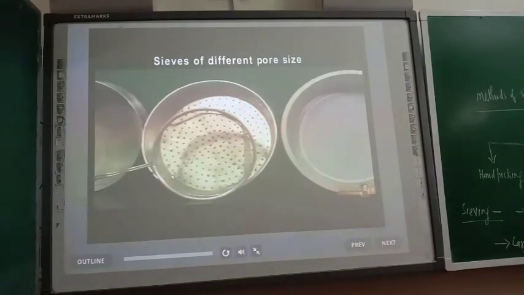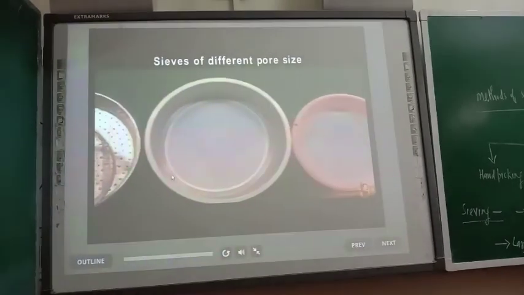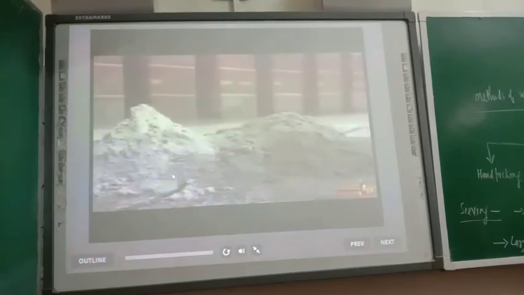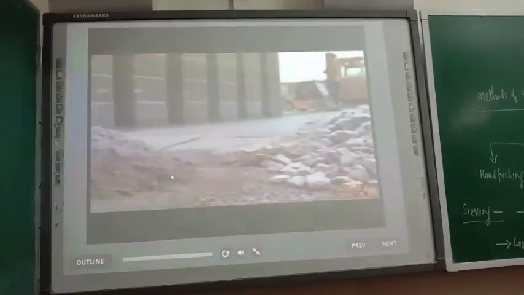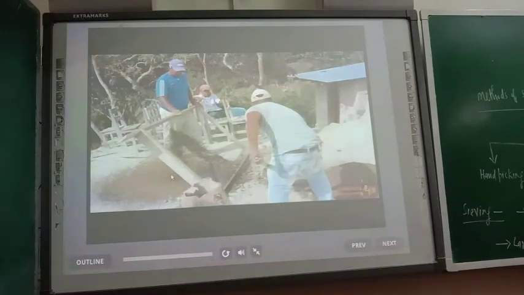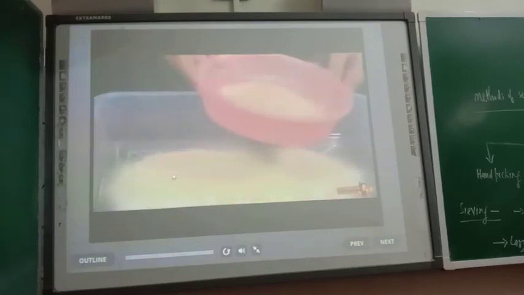The size of pores in the sieve used depends on the size of the components to be separated. For example, at the construction site, sand is separated from stones with the help of a sieve with big pores. But a sieve with fine pores is used to separate gram from flour.